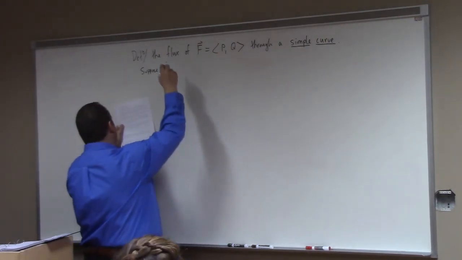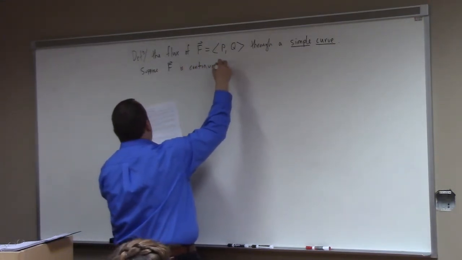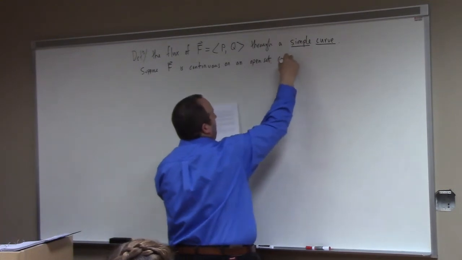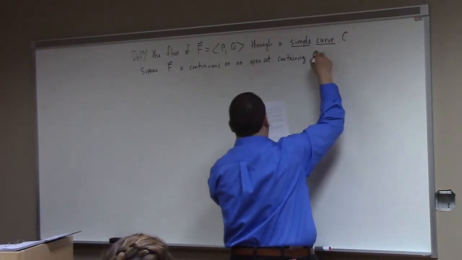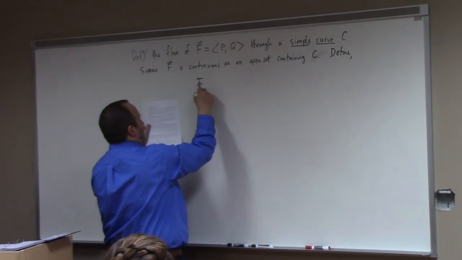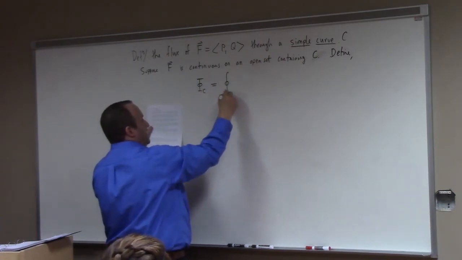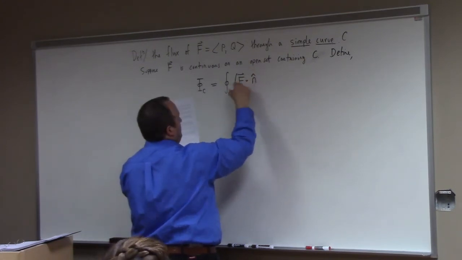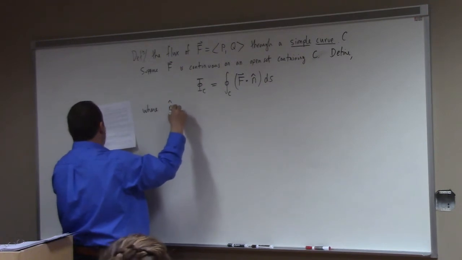Suppose F is continuous on an open set containing C. Define the flux, phi sub C, equal to the integral, and since this is a closed curve we use the integral with a circle through it to emphasize that we're looking at a loop, of F dot n hat ds, where n hat is the outward-facing unit normal to C.